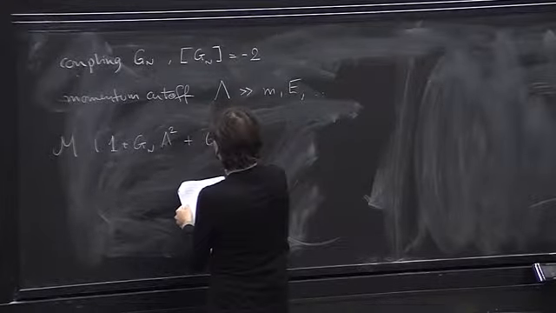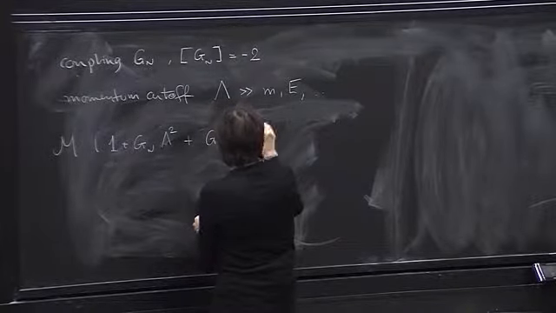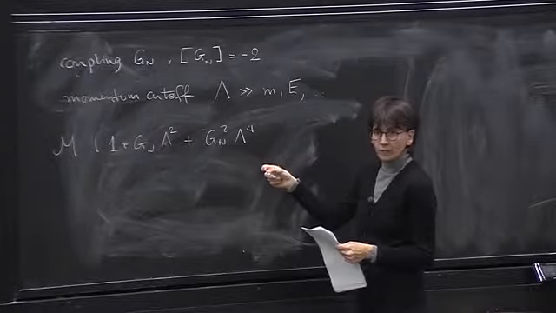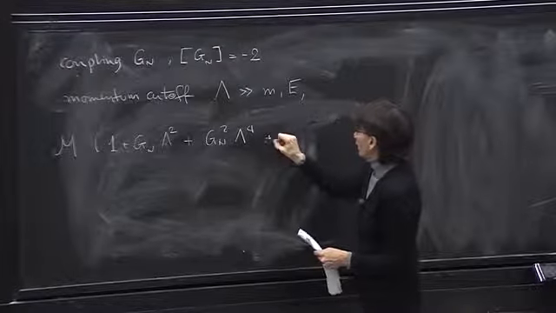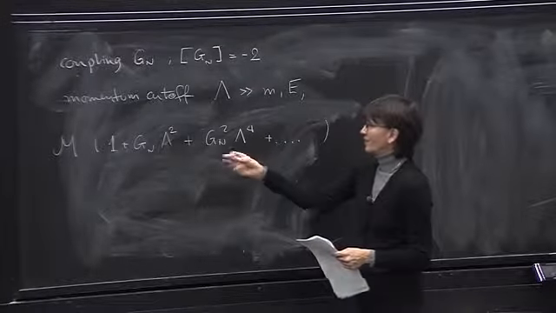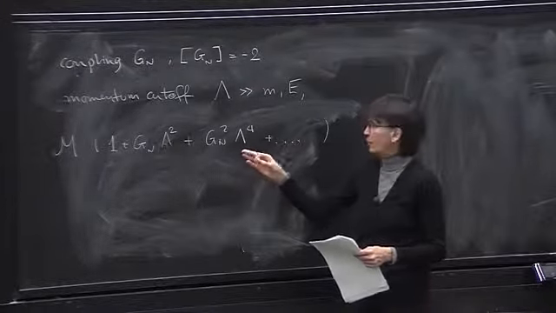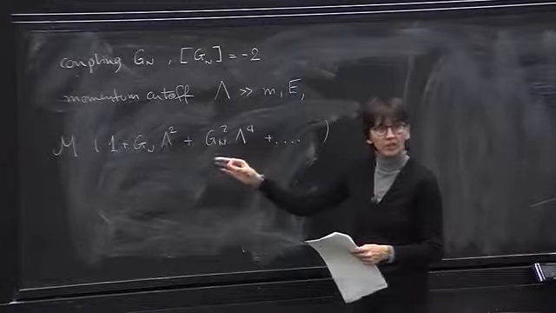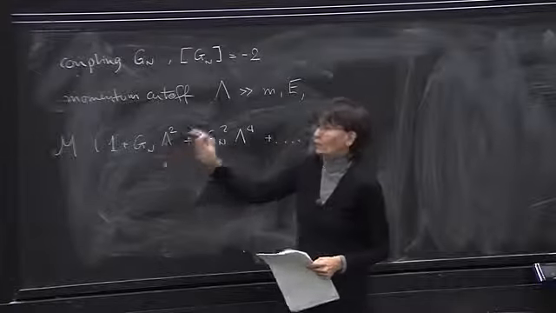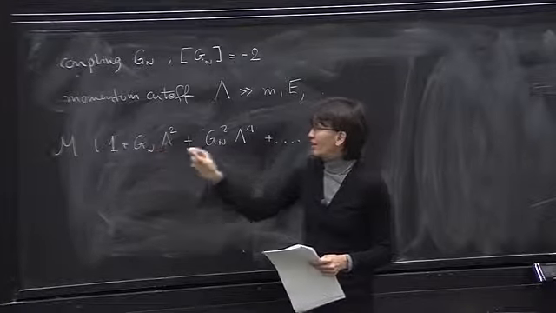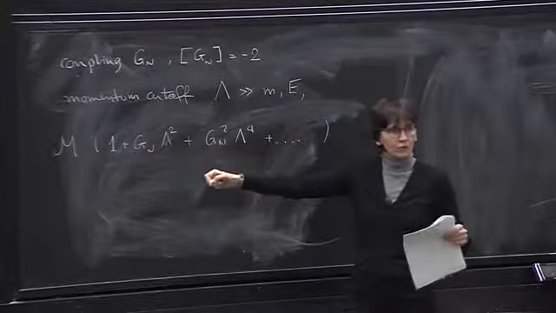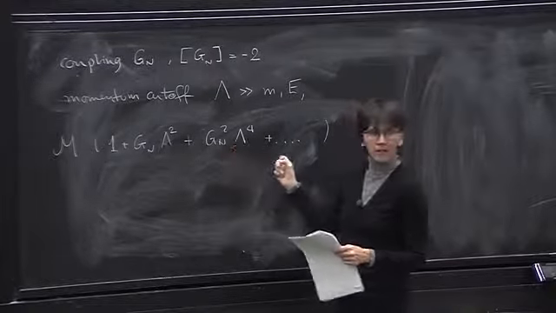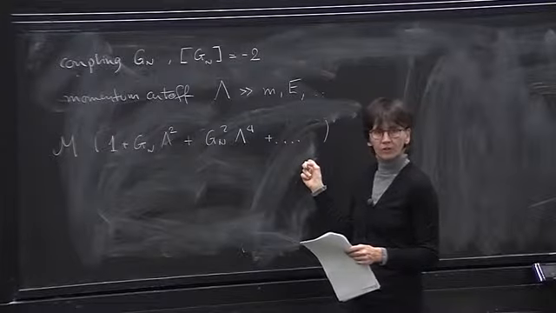So it must go like that. Higher orders, Gn squared, must be accompanied by corresponding higher orders in this lambda cutoff. And you can already see that this spells disaster, these higher order terms, because of course I want to send lambda to infinity. And what I see here is that if I really do this, then the contributions in my perturbative series will blow up the higher I go in this perturbative series.